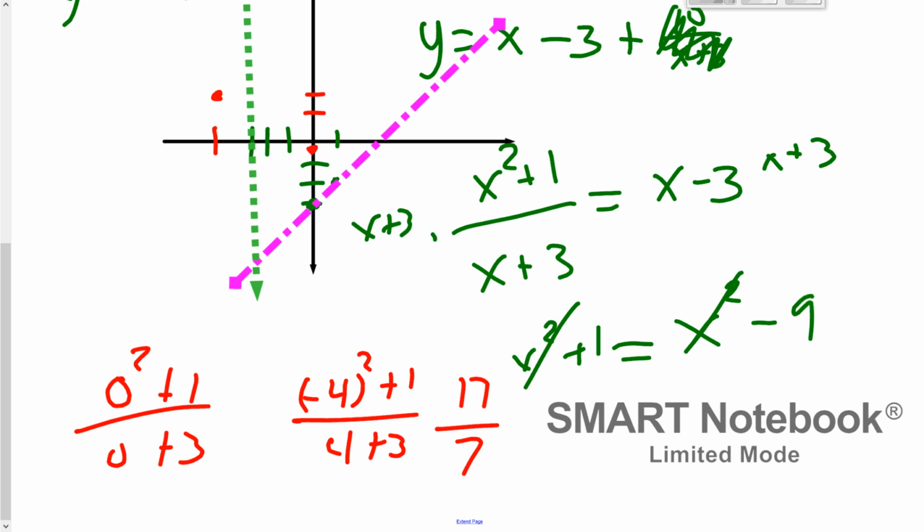Okay, so what this is going to do, I probably need to extend these asymptotes a little farther than what they are. So let's extend this one, and let's extend this one. Okay, so that's going to help because we're at negative 4.